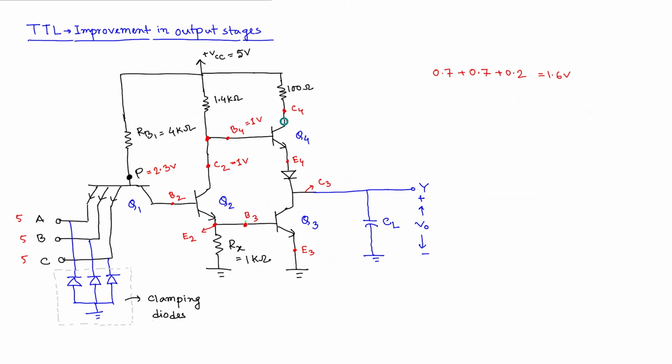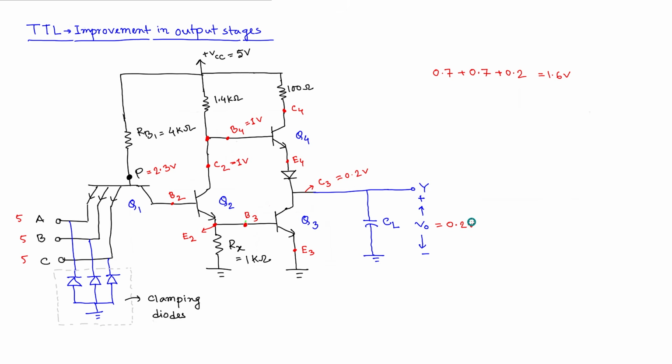As a result, transistor Q4 will be turned off whenever all of the inputs are high, and at the output we are getting 0.2 volt. Because the capacitor is here, that amount of voltage is charged, and the capacitor is getting 0.2, so V0 is equal to 0.2 right now, and because of the capacitor the voltage cannot change abruptly.